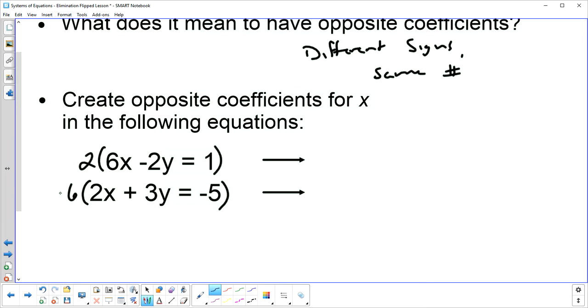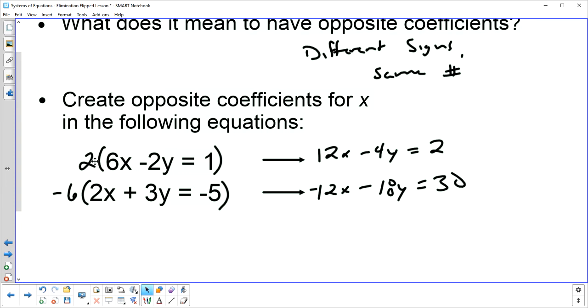Then this is just distribution. So we'd have 12x minus 4y equals 2, and distributing on the second one, negative 12x minus 18y equals 30.